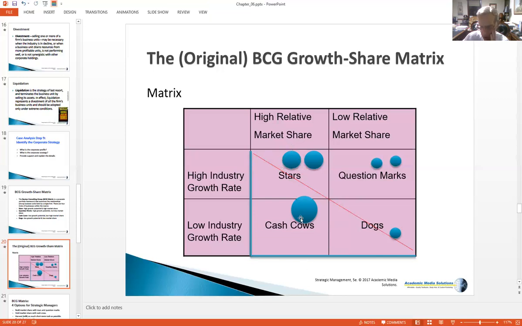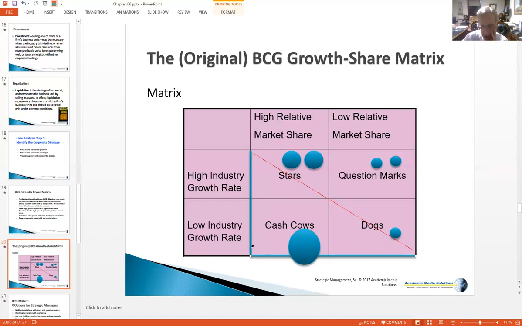Here is a company or a business that's large, and it's not, I don't want to cover up cows, so I'll put this down here. But it's not growing very fast. So when it makes profit, that profit doesn't have to be reinvested in the business.